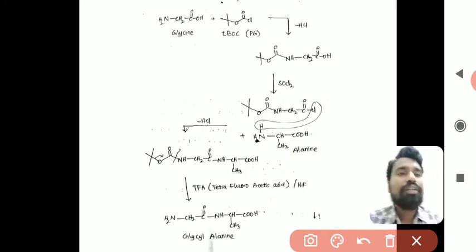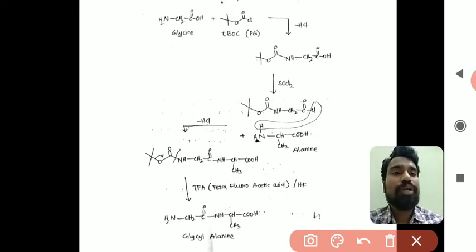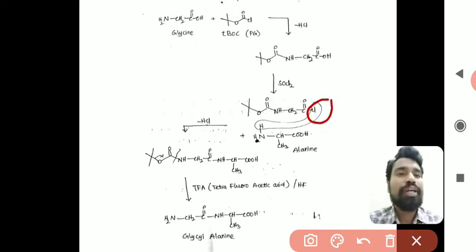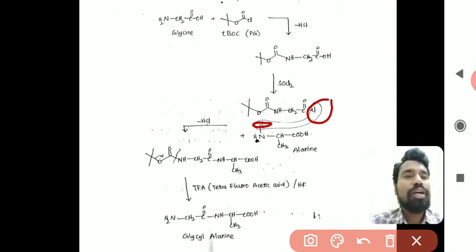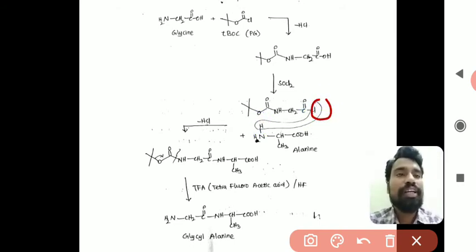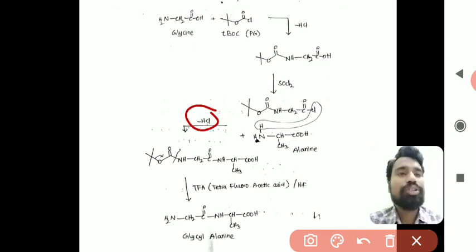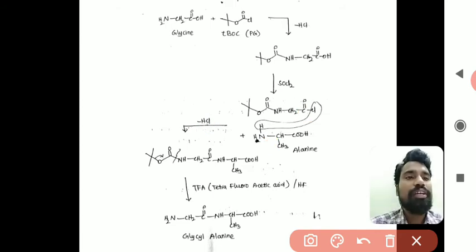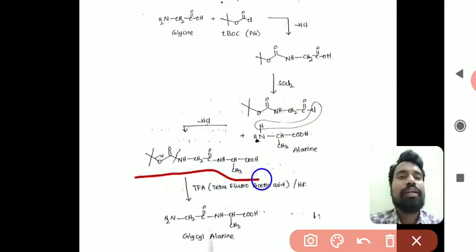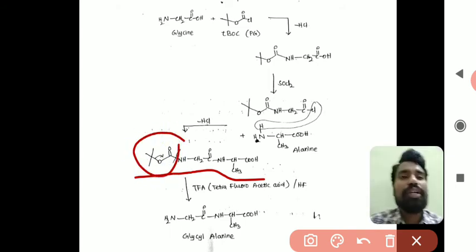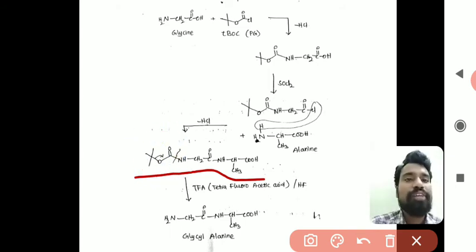The Cl and H leave as HCl, and then there is a bond formation between the C double bond O and the amino group of the second amino acid, resulting in a dipeptide with a protecting group.